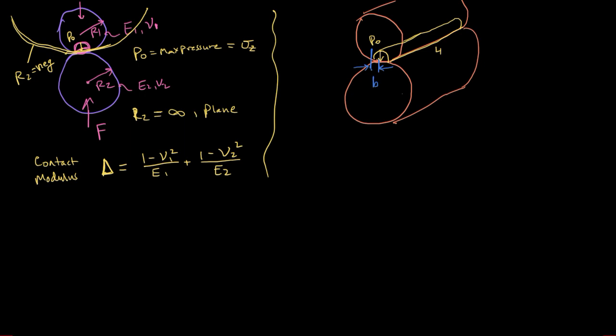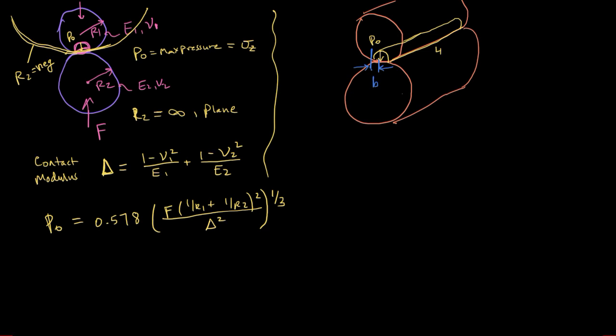And for the 2 spheres, we can calculate the max pressure as 0.578 times the force between the 2 different surfaces times 1 over R1 plus 1 over R2, and this quantity squared, and that is divided by the contact modulus squared, and this is raised to the 1/3 power, or the cube root of that.